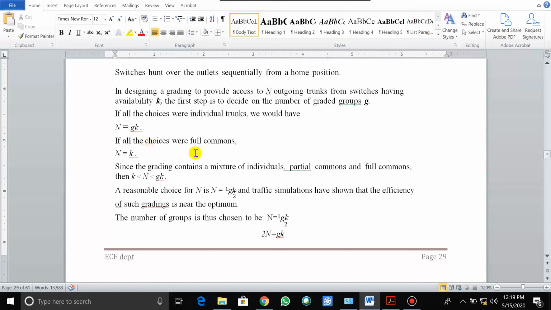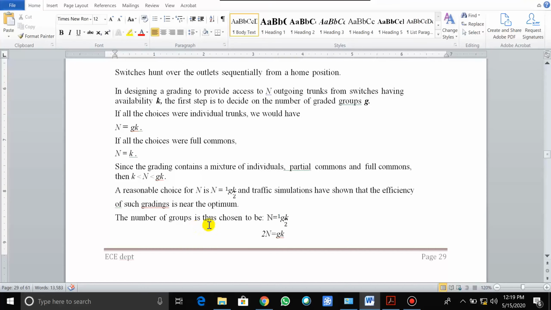If all the choices were fully common, N is equal to K. Since the grading contains a mixture of individual, partial commons and full commons, K is less than N, less than G of K. A reasonable choice is N equal to 1/2 G of K, and traffic simulations have shown the efficiency of grading is nearly optimum.